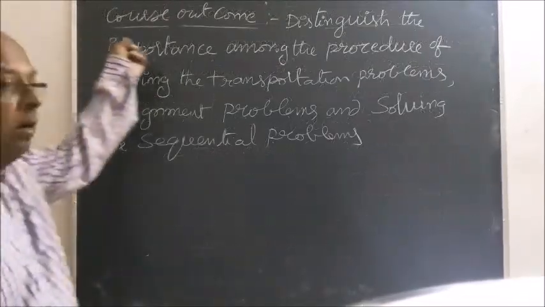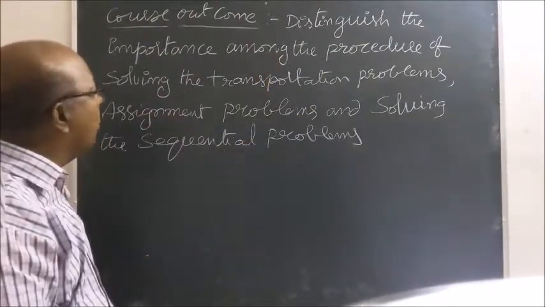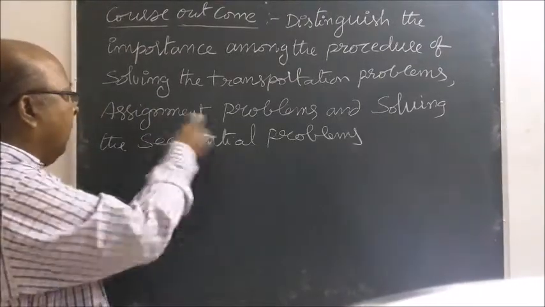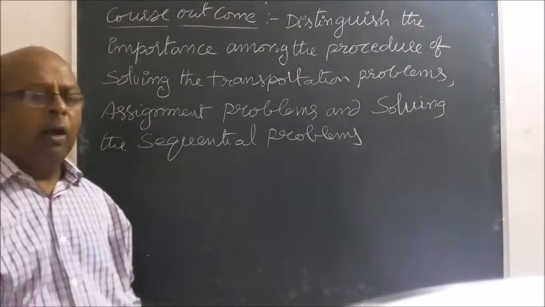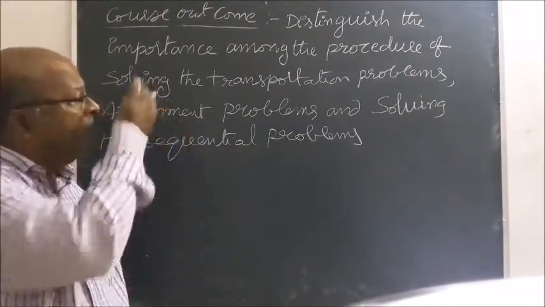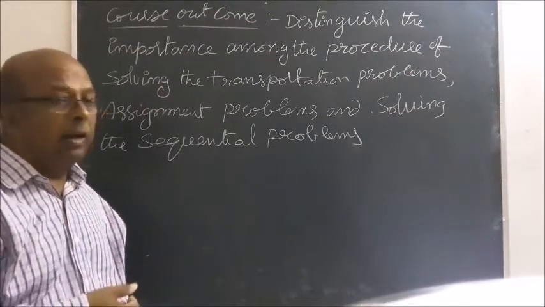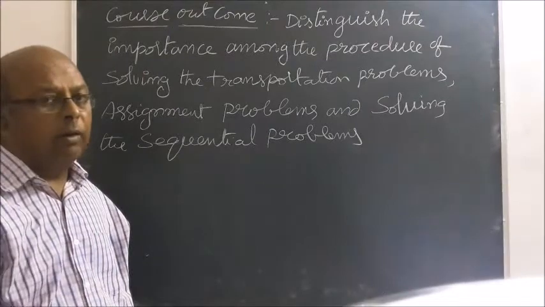Course outcome of Unit 2: Distinguish the importance among the procedures of solving transportation problems, assignment problems, and sequencing problems. Already I told you, in a transportation problem, the number of origins and destinations may be equal or not equal.